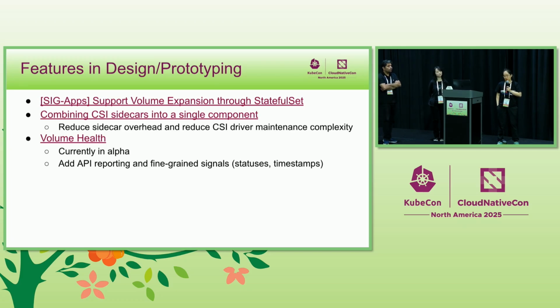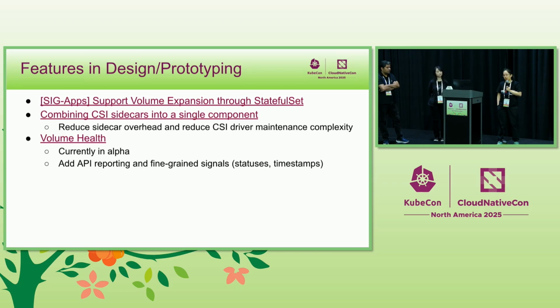Another feature that we are discussing now is volume health. It's currently in alpha, but we are discussing how to promote it to beta. As part of the promotion to beta, we want to improve the way that the volume health status is reported. Today, it's only reported in events and metrics.